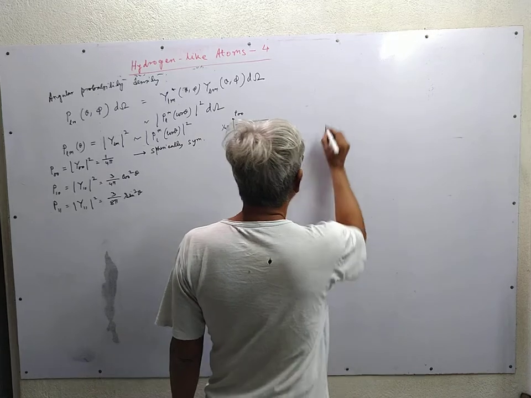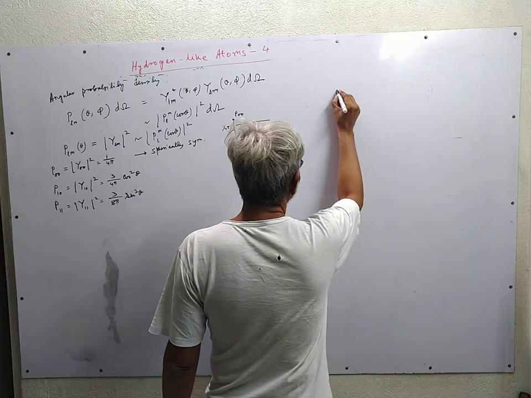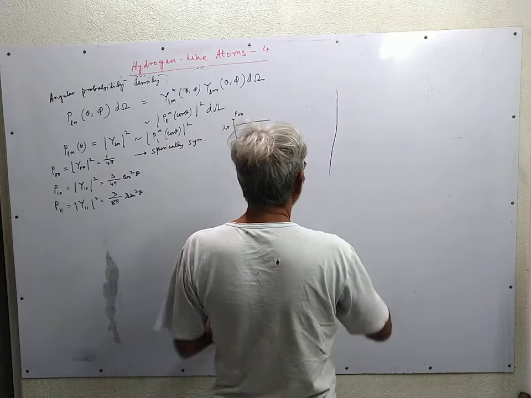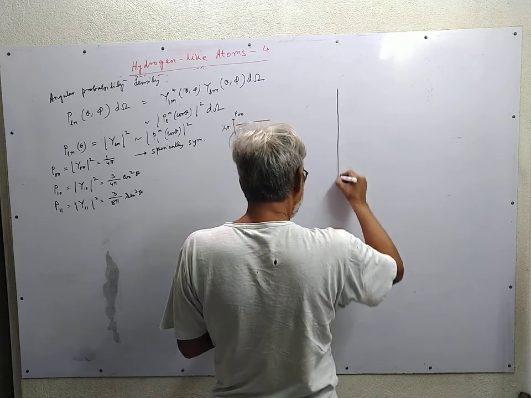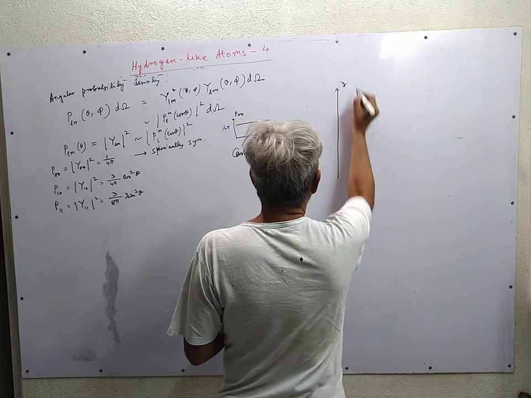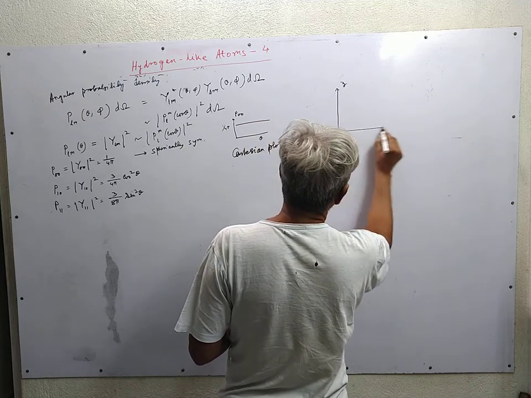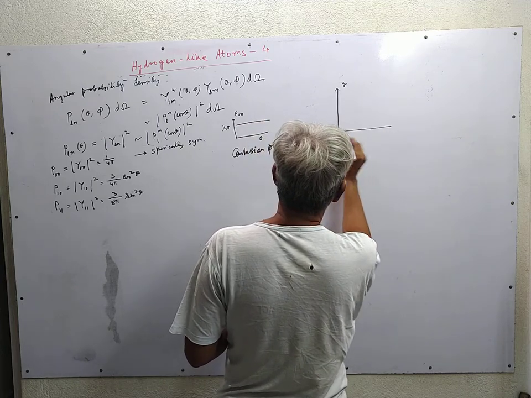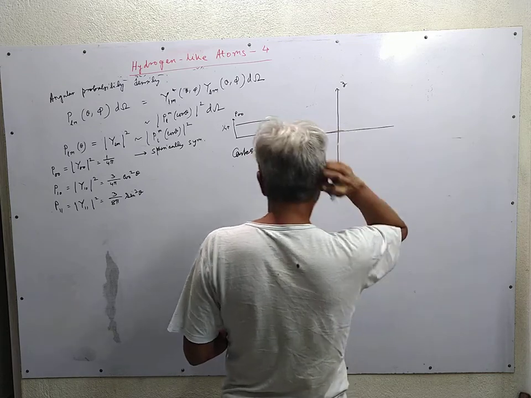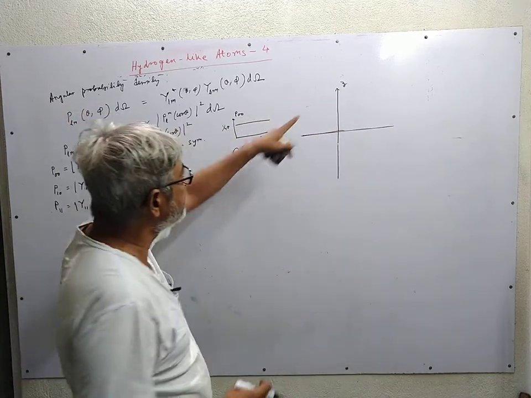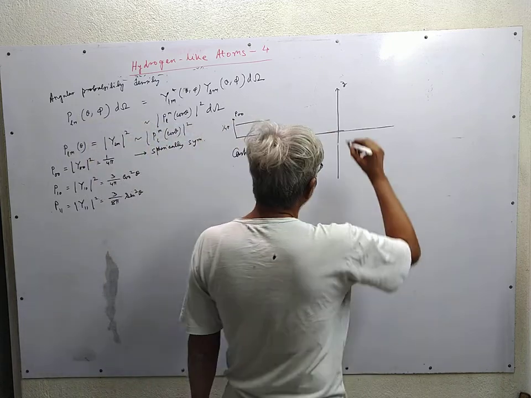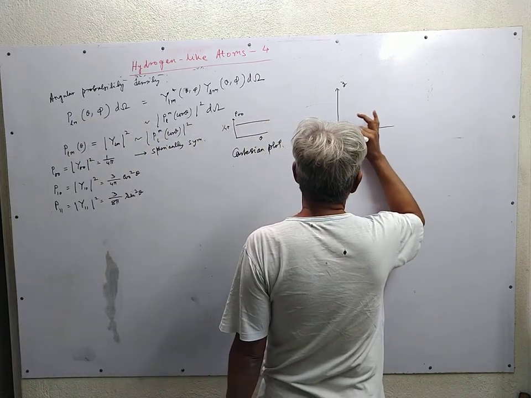In the polar plot, one considers the vertical axis as the z-axis, and the horizontal axis actually represents the xy plane or the horizontal plane. So the angle theta is measured from the z-axis.